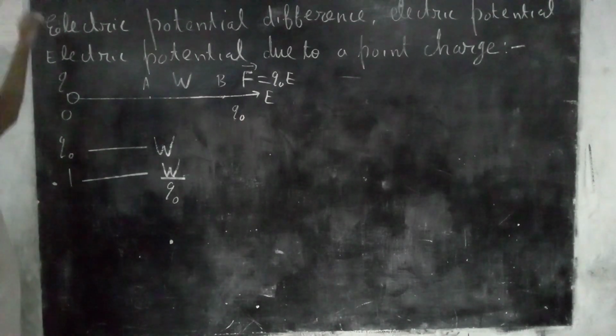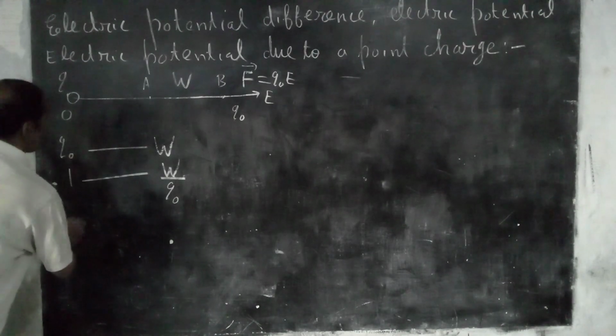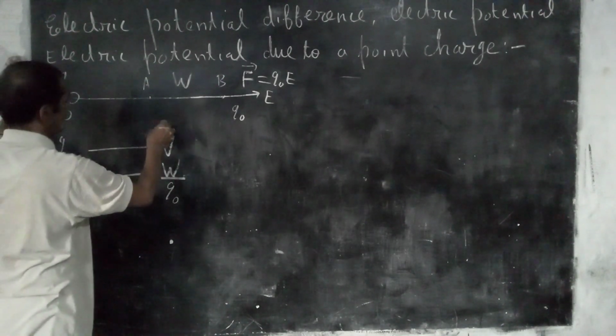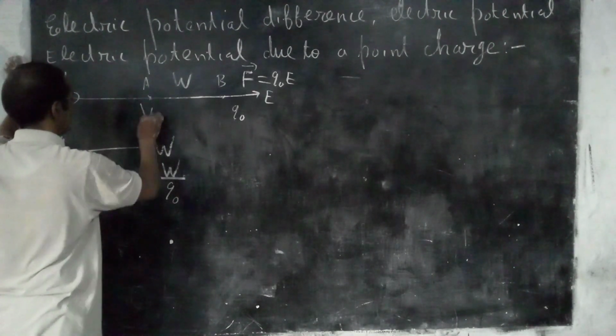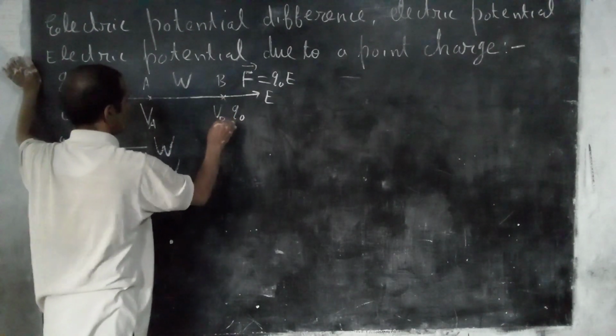The electric potential is denoted by V. Let the potential at point A be VA and the potential at point B be VB.